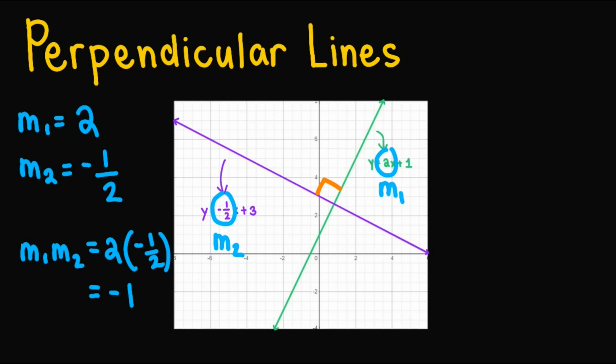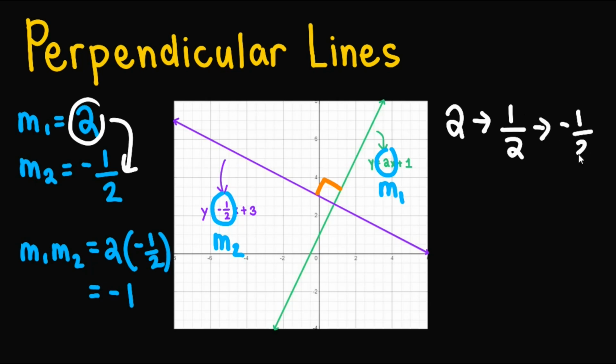Moreover, to get from 2 to -1/2, we simply get the negative reciprocal of 2. Indeed, 2 getting its reciprocal will give us 1/2. Taking the negative will give us -1/2. This here is m2.